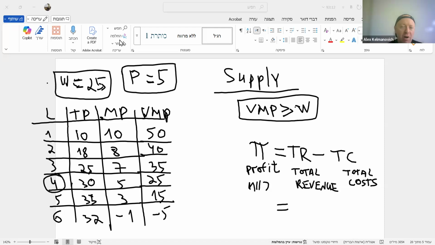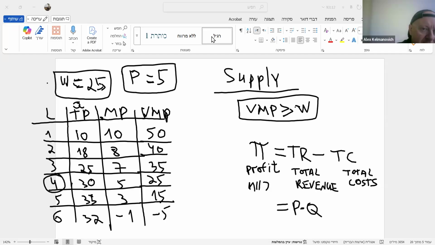Very simple. Our revenue is how many products we sell times the price of the product. So it's price times quantity. Quantity is Q, and it's the same as total product.